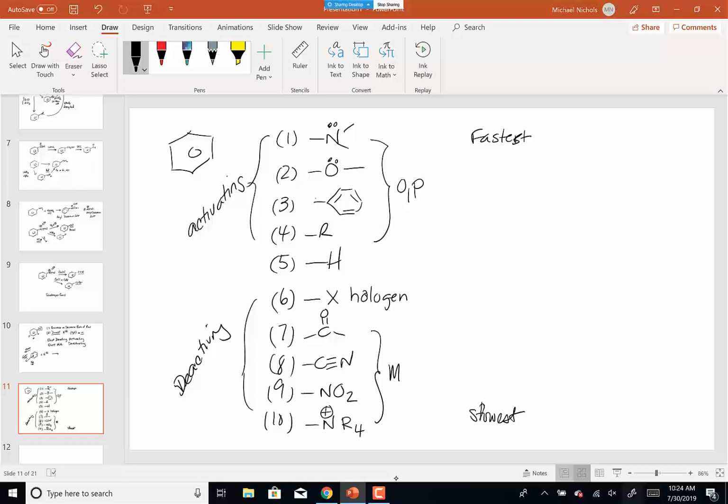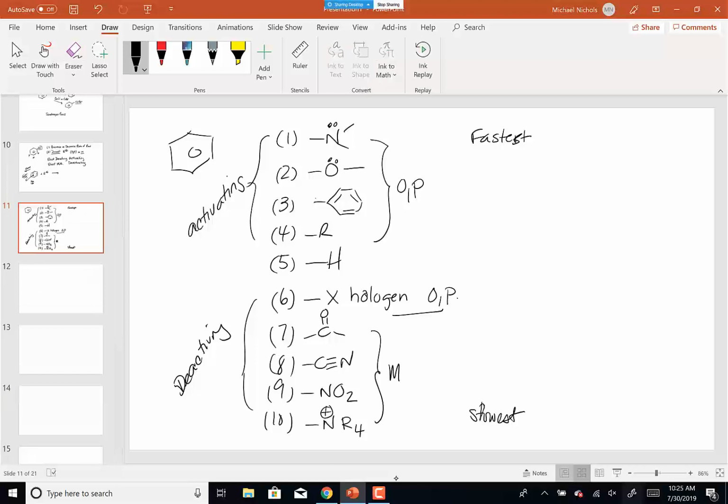The exception is that halogens, while they are deactivating, are ortho-para directors. So they will direct the electrophile to the ortho and para positions. And that's the next thing we'll do, we'll write those products.